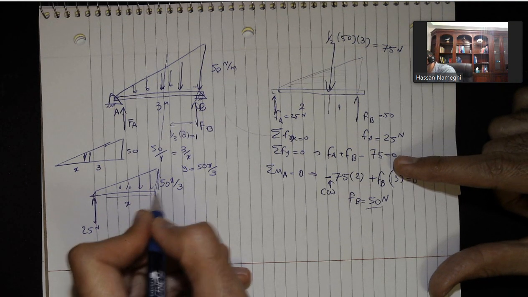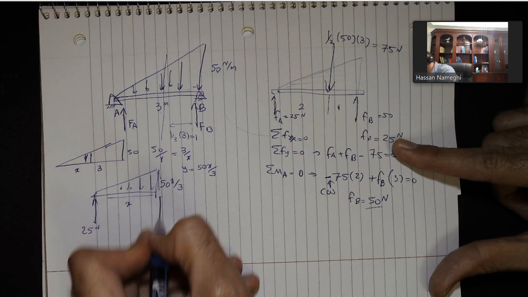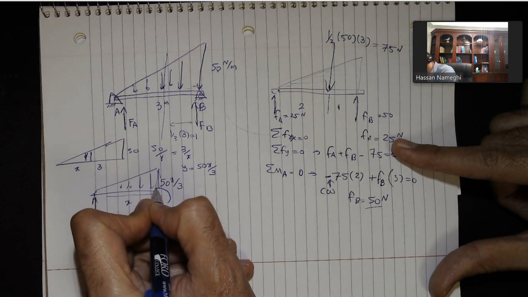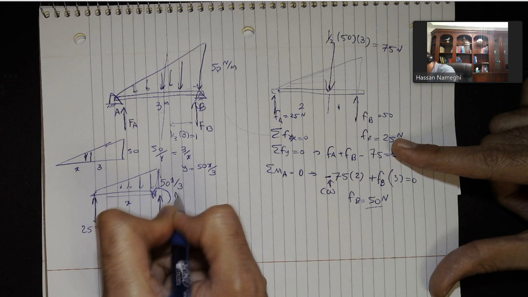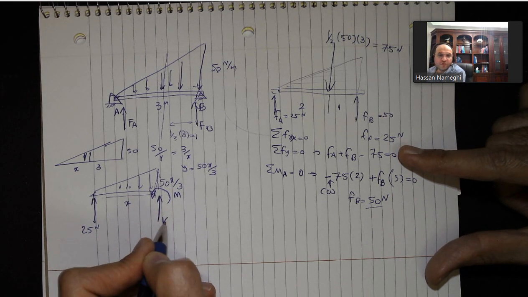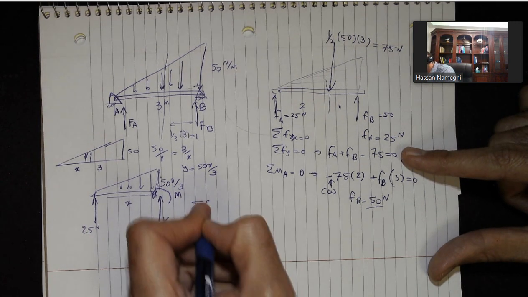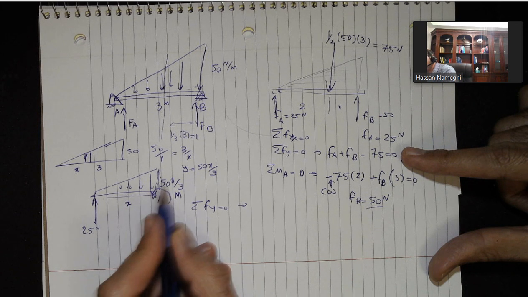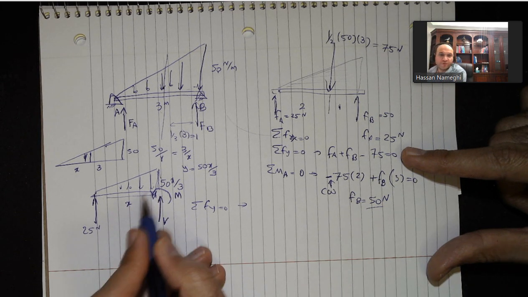Because I cut it from there, I need to replace it with two things: one, the shearing force V, and then the bending moment M. So I'll do the equations here and solve for V and M. Sum of Fy equal to 0. From here on the y, I need to translate this to a point force.